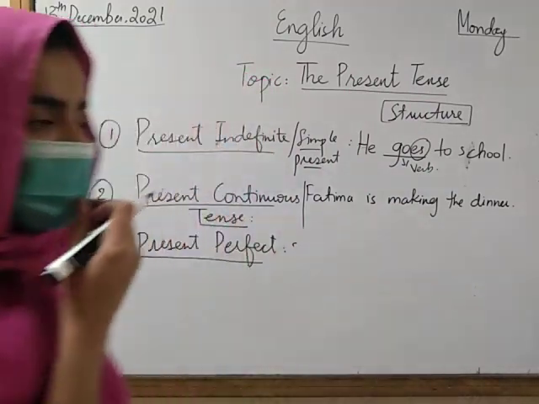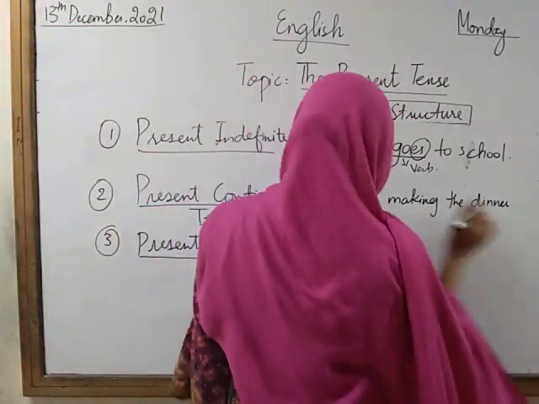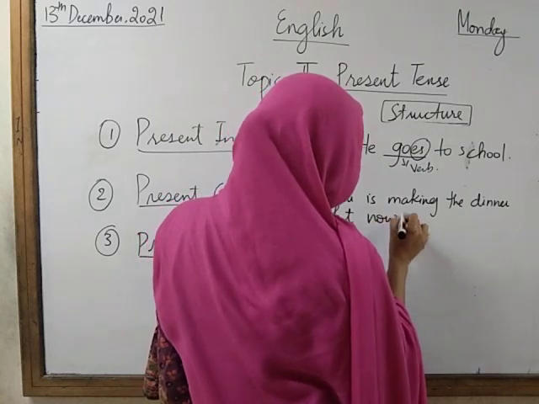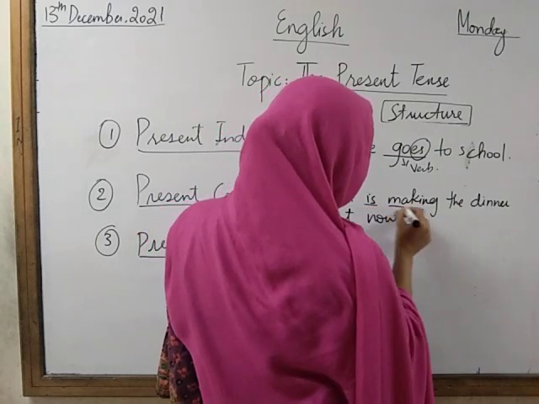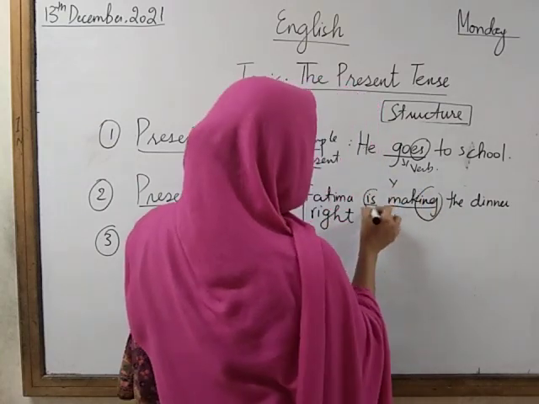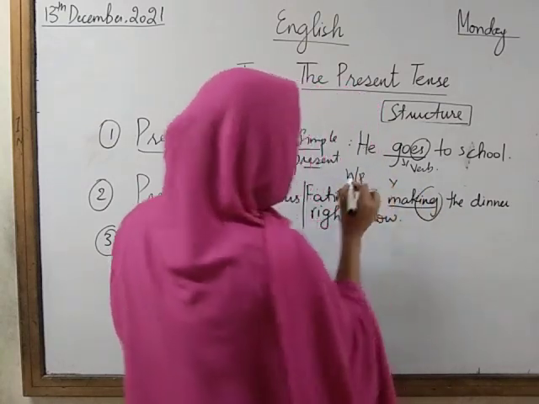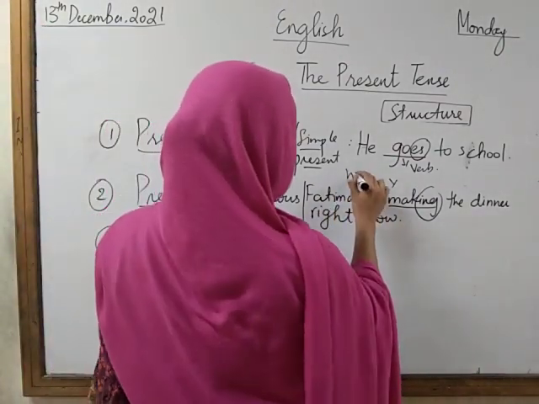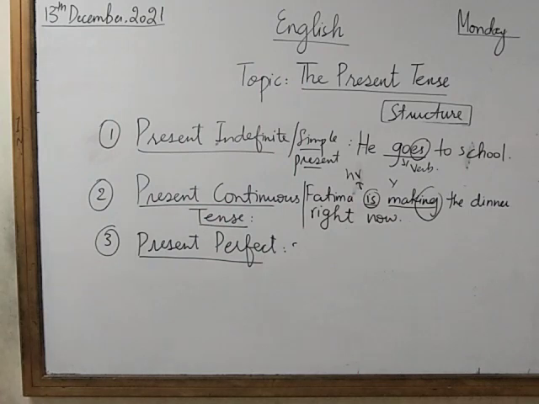Fatima is making the dinner right now. Is and making, ing at the end with the first form of verb. And is is my helping verb, HV, short form for it. Fatima is making the dinner right now.